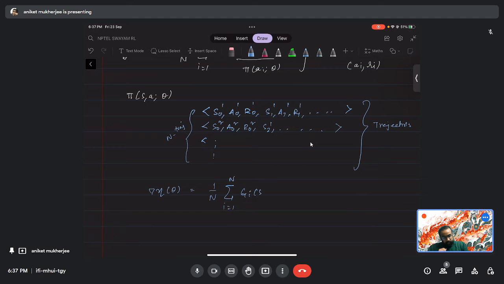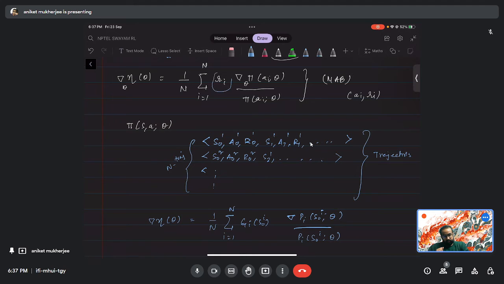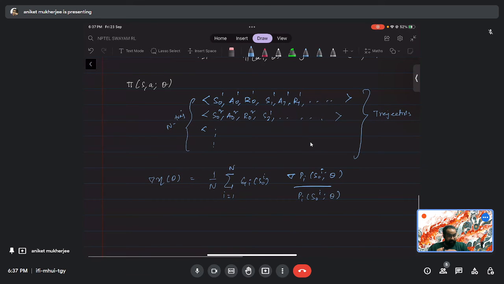G_i(S0), times pi(S0_i; theta). So basically the reward changes to the trajectory return, the whole trajectory return, for a trajectory that started at S0.